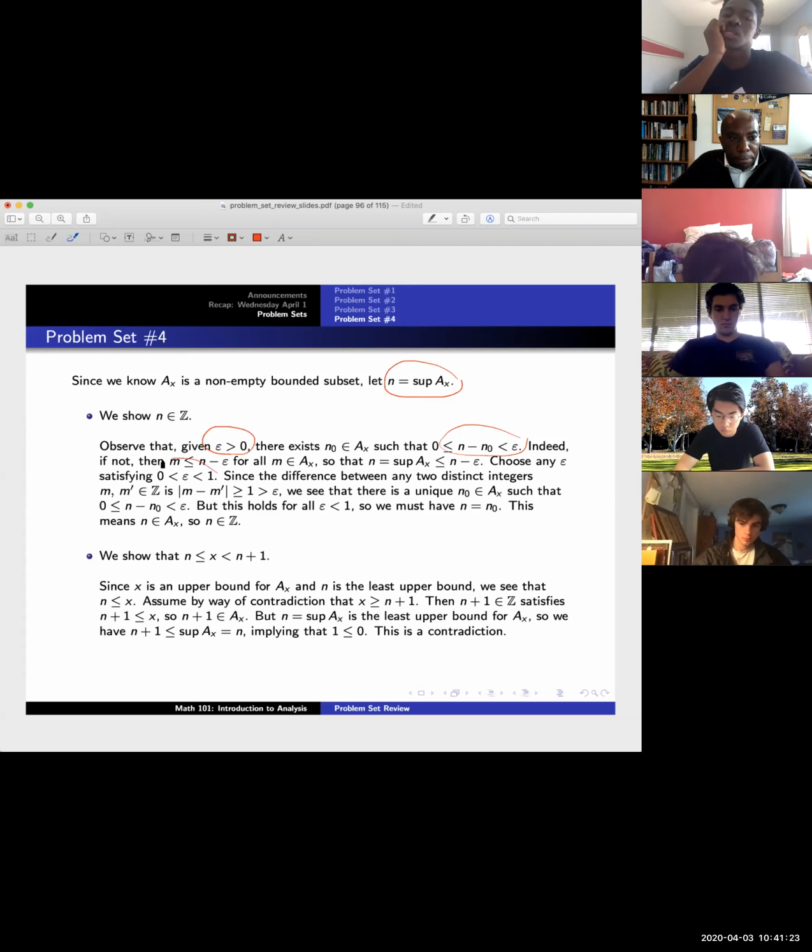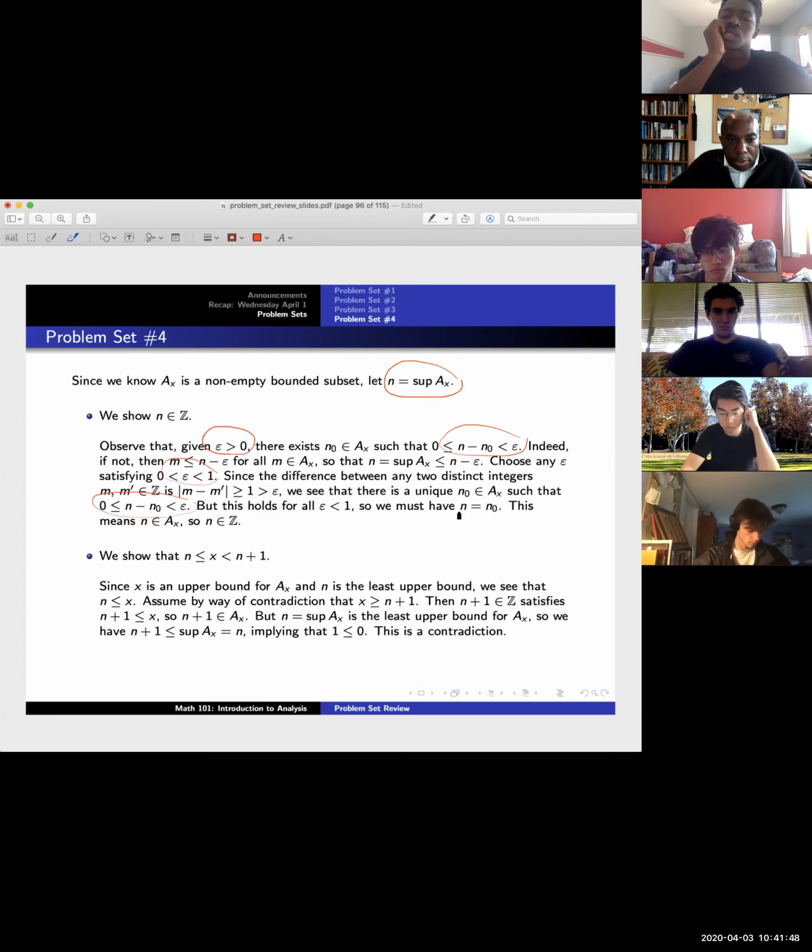Now, what if I choose epsilon to be really, really small? I could choose epsilon to maybe be 1/2. Well, now ask yourself, how many integers are there, this n minus n0, that are between 0 and 1/2? There's only one, namely 0.